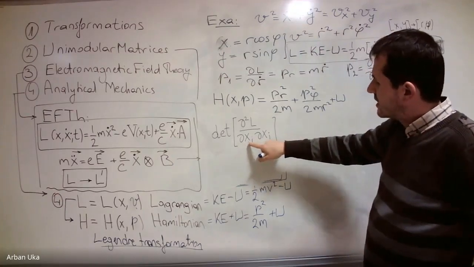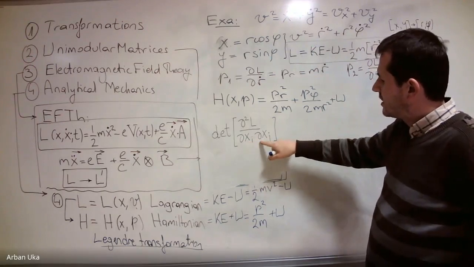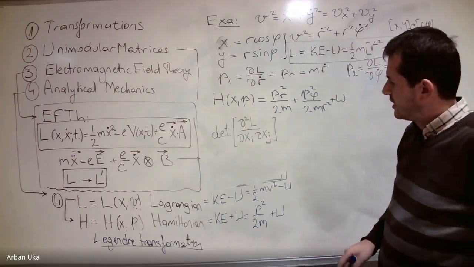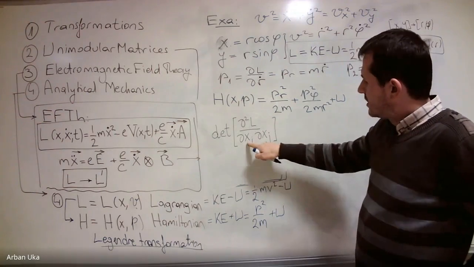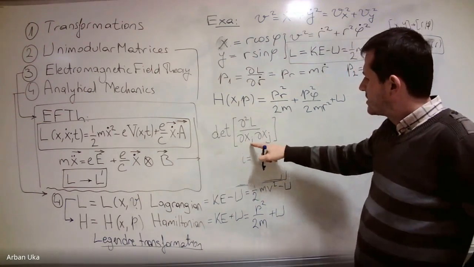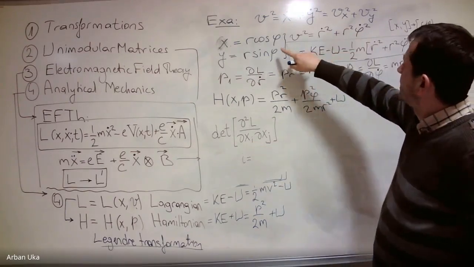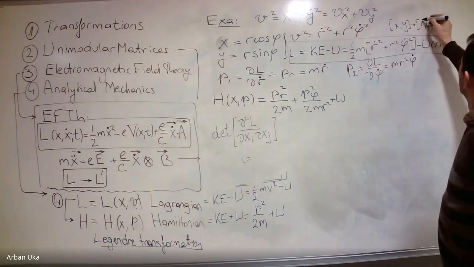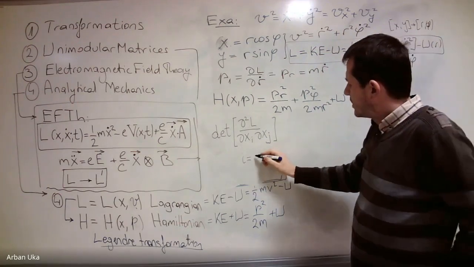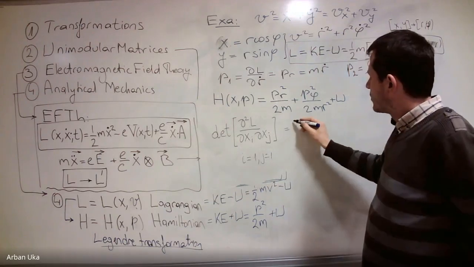I'm writing here the derivative with respect to xi and the derivative with respect to xj, and since we have two coordinates, we have r and phi. When i is 1 and j is 1, we get one component of the matrix.